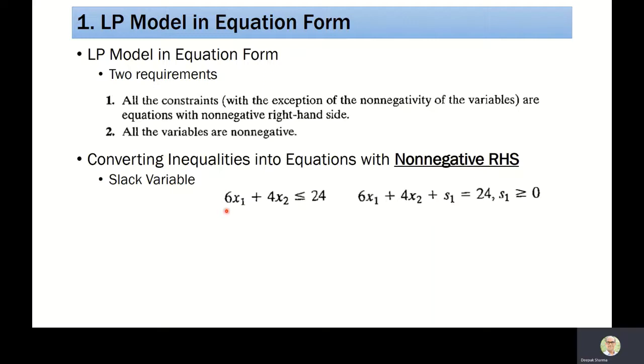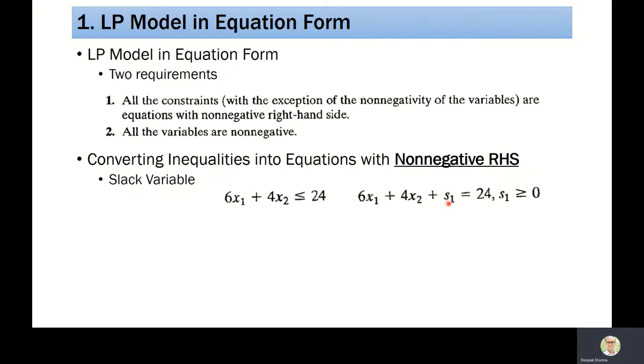Take the first case as written: 6x1 plus 4x2 smaller than or equal to 24. The left hand side can be smaller than or equal to 24. To balance the left hand side and the right hand side, we add a slack variable, say S1.